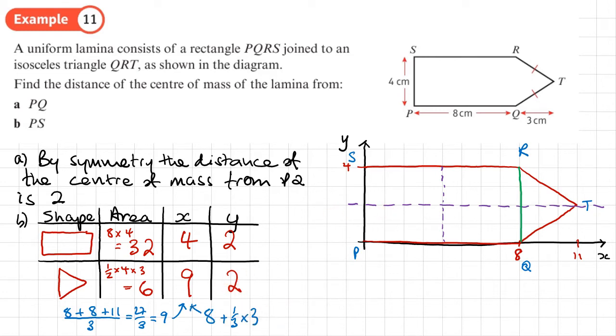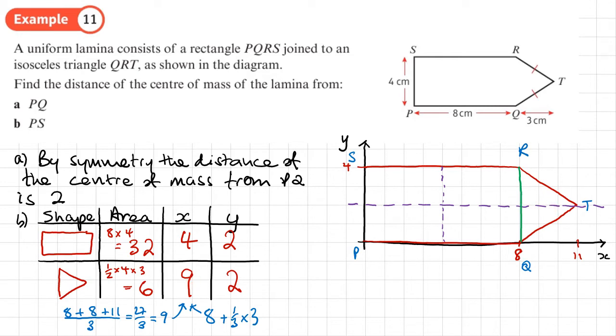So we get the same answer if we do it that way. Okay, so now let's use all this information to find the center of mass, and I've just added this alternative way of working out the center of mass of the triangle. So x coordinate of 8 plus 1/3 of this length of 3, which also gives us 9.